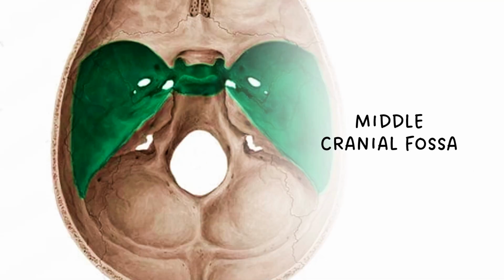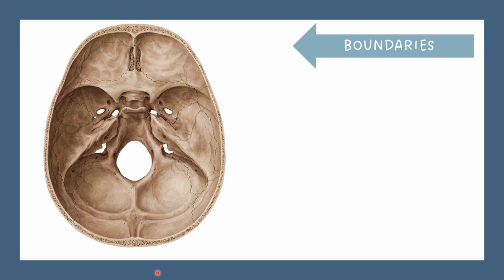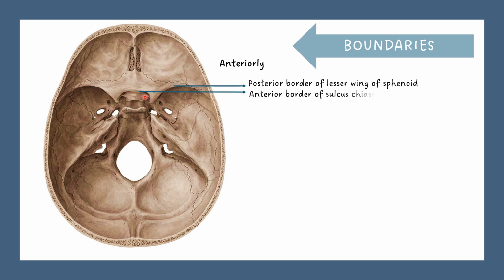Let's now look at the middle cranial fossa. The middle cranial fossa is formed by the parts of sphenoid bone, the temporal bone and the parietal bone. The middle cranial fossa is bounded anteriorly by the posterior border of lesser wing of sphenoid, the anterior border of sulcus chiasmatis and the anterior clinoid process.